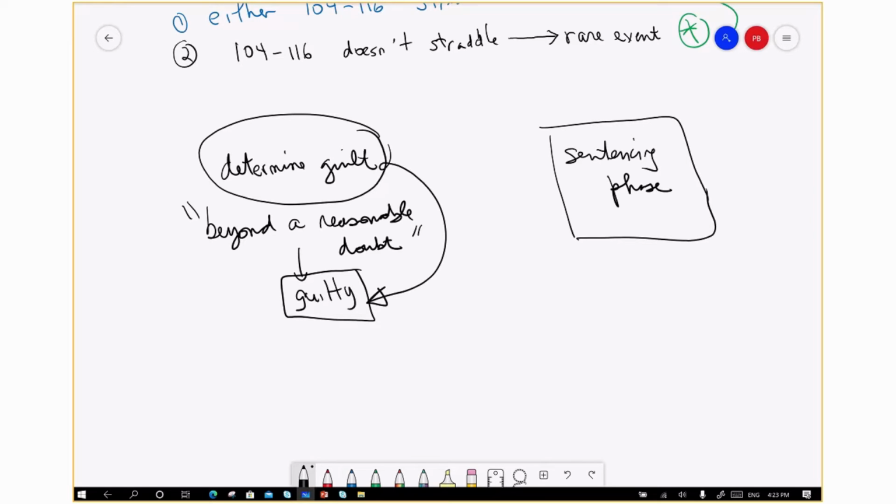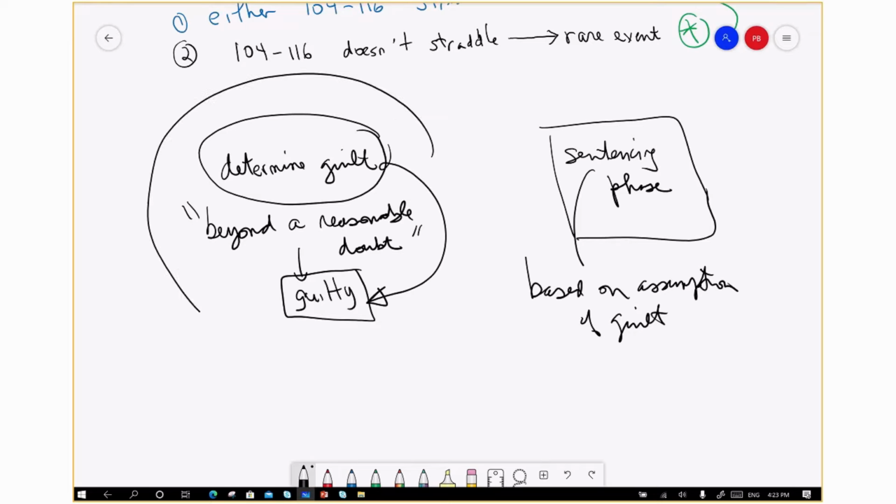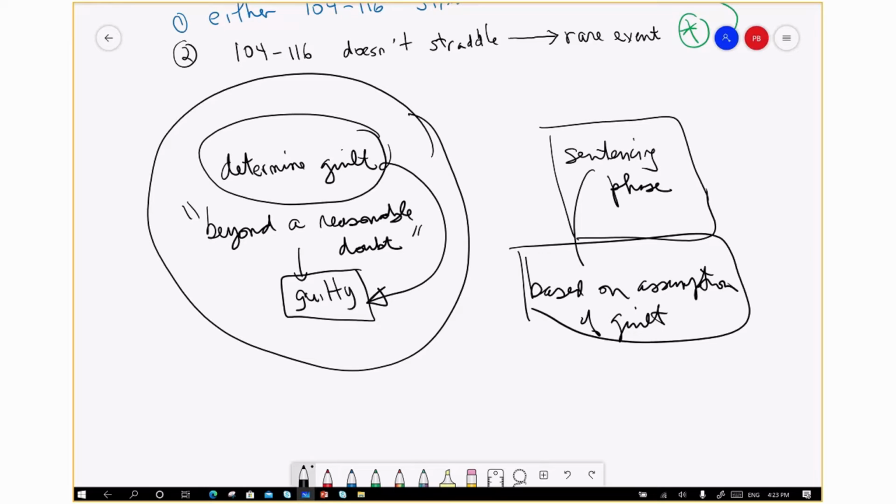The defendant has been determined guilty, and therefore sentencing is based on the assumption of guilt, which is all based on the underlying proposition that we've gone through a process such that the possibility that we've made a mistake is actually very low, and therefore the judge doesn't say, well, maybe guilty, maybe not. No, the judge says guilty, and the sentence is based on the assumption of guilt.